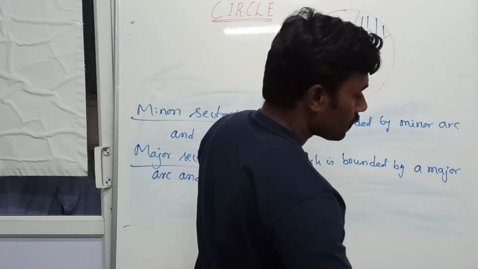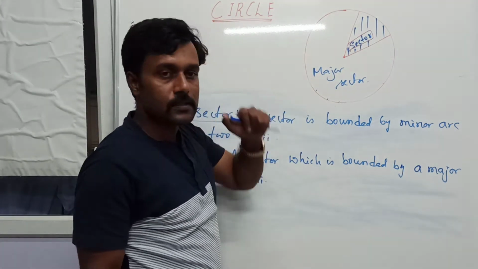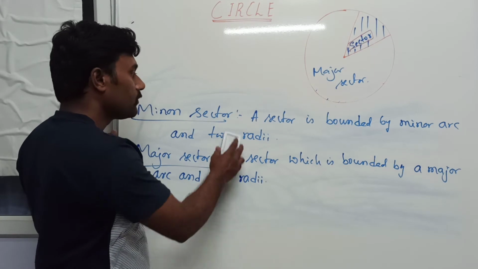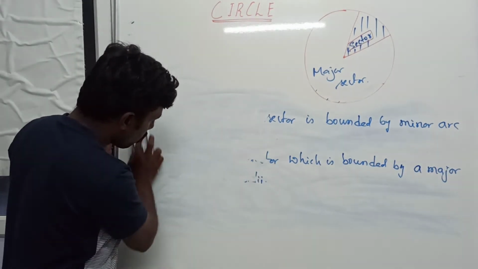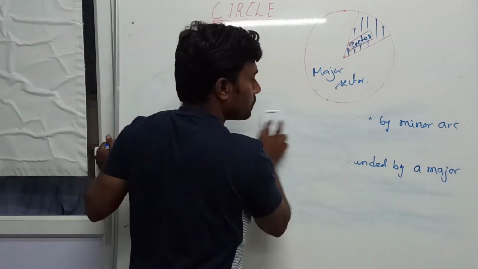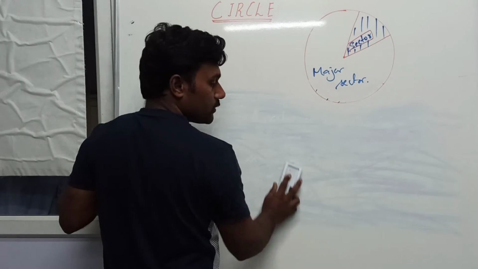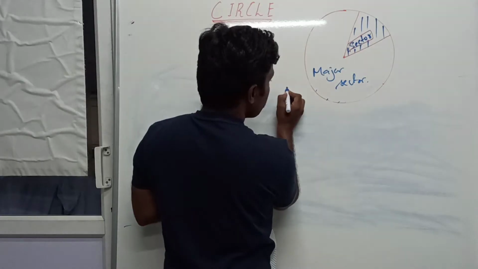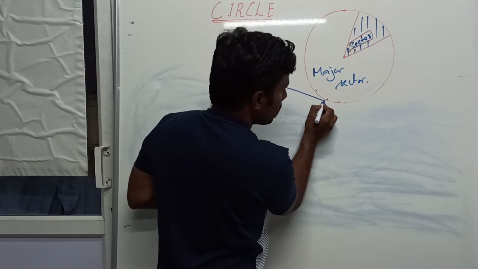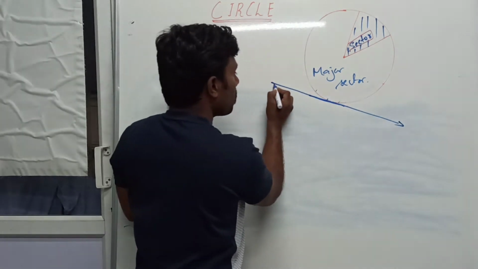Now we are going to discuss the lines drawn to the circle. If a line touches the circle at only one point, it is called a tangent. For example, if I draw a line like this, it touches the circle at only one point.